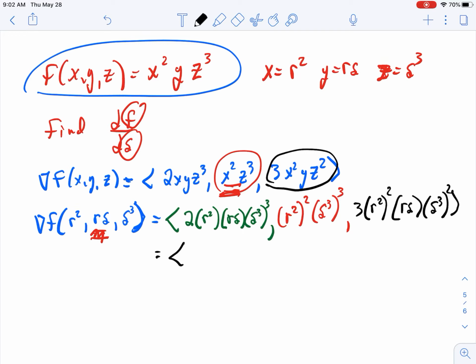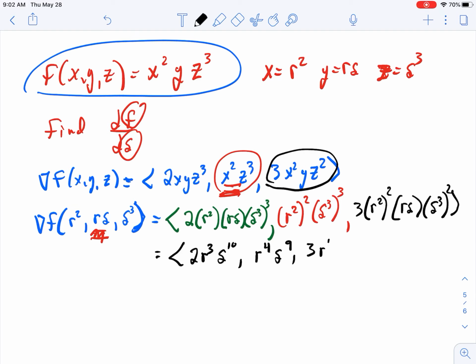All right, so let's clean all this up here. So we have 2r cubed s to the 10th. Then we have r to the 4th, s to the 9th.